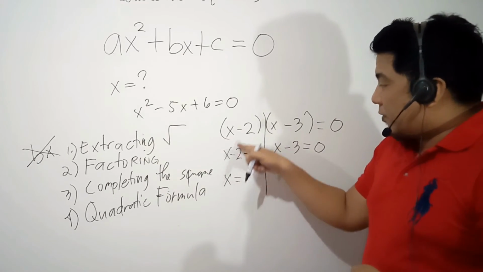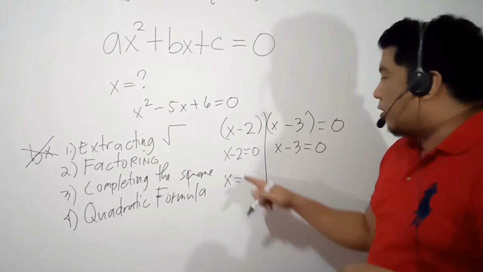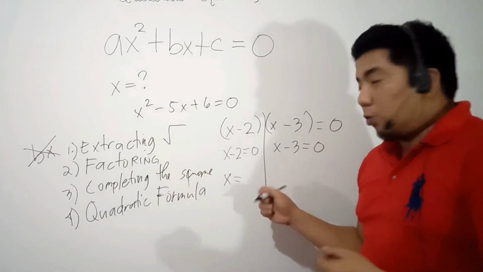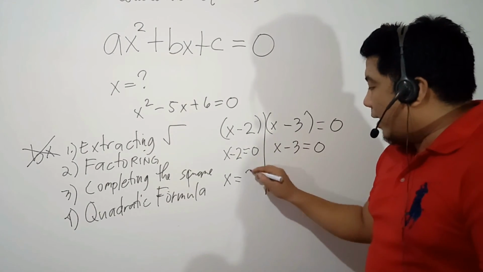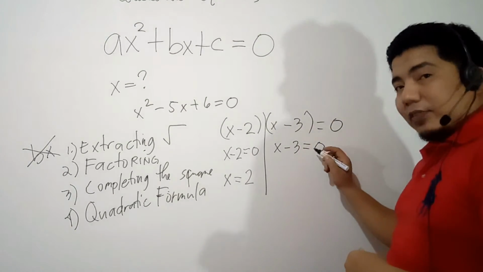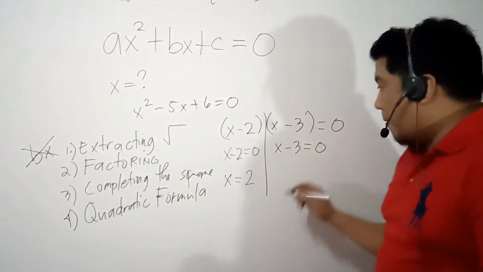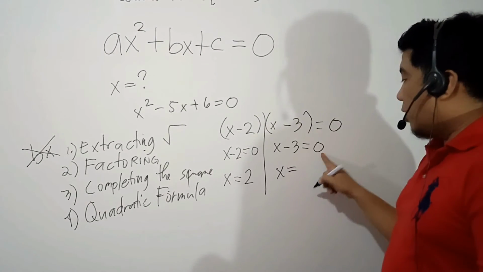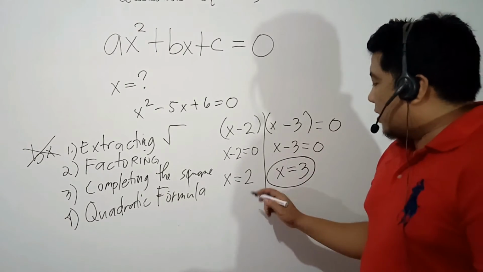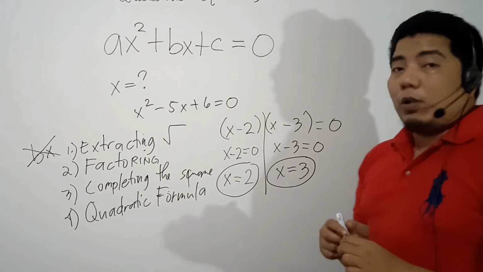Negative 2, when transposed, becomes positive 2, so x is 0 plus 2, which is 2. Same goes here: we transpose negative 3, which becomes positive 3, so x is 0 plus 3. This gives us x equals 3 and x equals 2.